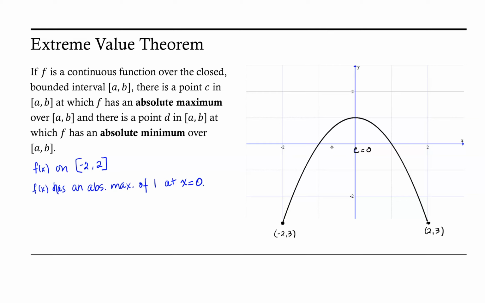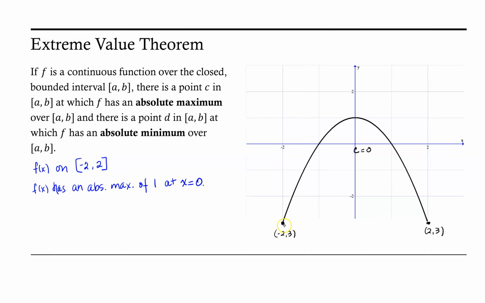So now we need to think about the absolute minimum. Because this function is continuous on the interval, we are guaranteed there is a point d at which we have an absolute minimum. So now we're looking for the smallest output value, or the lowest y value. And we can see that that actually happens at two locations.